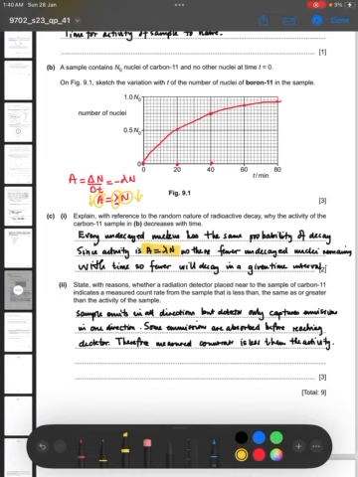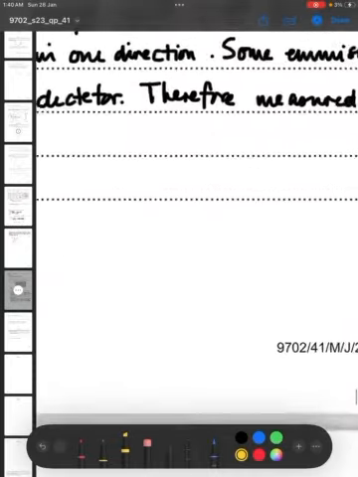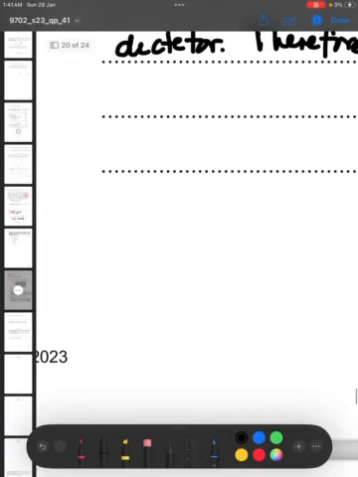State with reasons whether a radiation detector placed near to the sample of carbon-11 indicates a measured count rate from the sample that is less than, the same as, or greater than the activity of the sample. So they are simply asking: is a detector going to show an activity, a count rate, sorry, because on a detector we get a count rate.